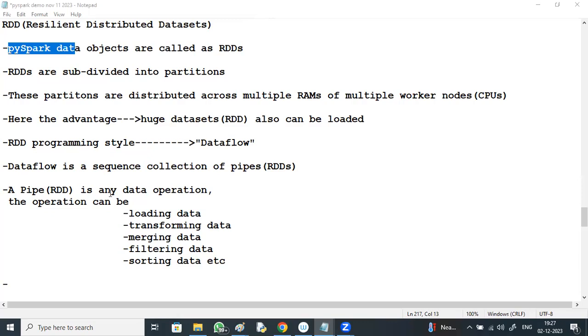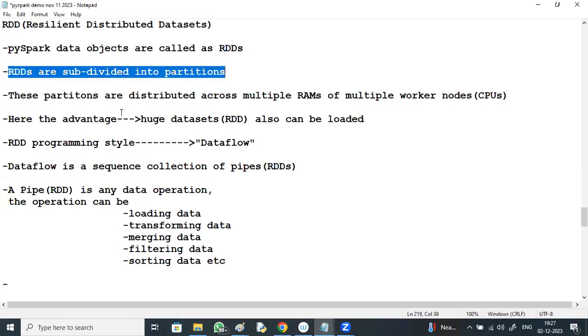Okay, what about this, right? Spark, we say, can be executed using Python or Scala. Spark with Python, if you are implementing, we call PySpark. Spark with Scala is the Scala implementation. In Spark, data objects we call RDD. RDDs are subdivided into partitions.